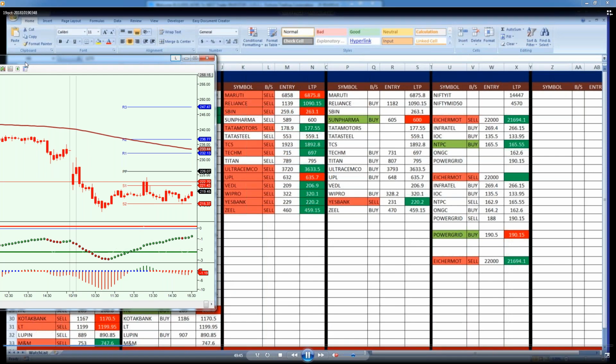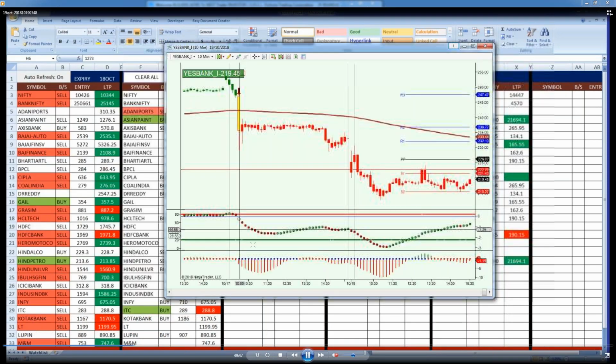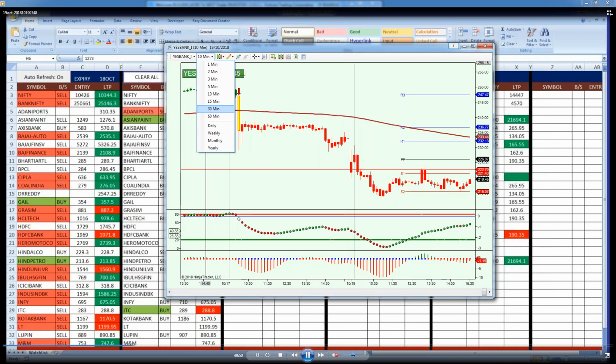And this is Yes Bank, and I have put it in 30 minutes. It is still a sell call. It's taking its support here.